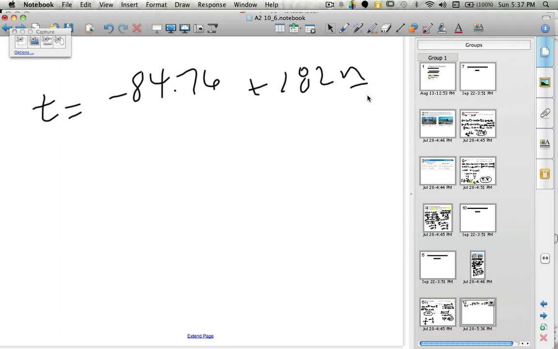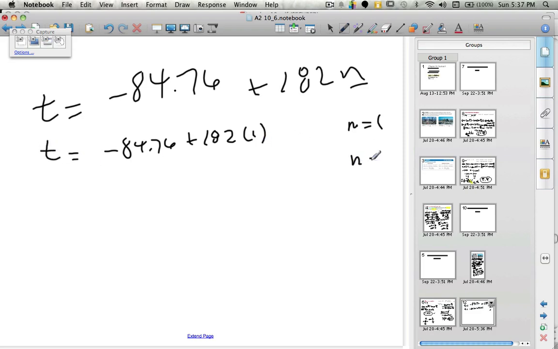Well, if I use 0, then I'll get negative days, and that's not what we're looking for. So I could use 1, right? N could equal 1. So we'll have negative 84.76 plus 182 times 1.